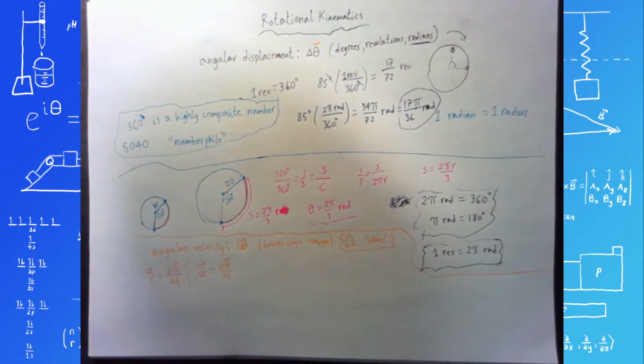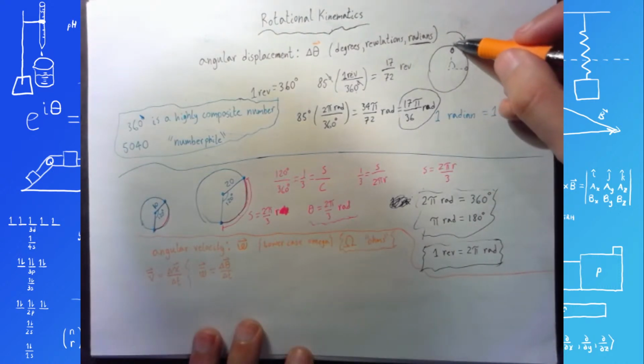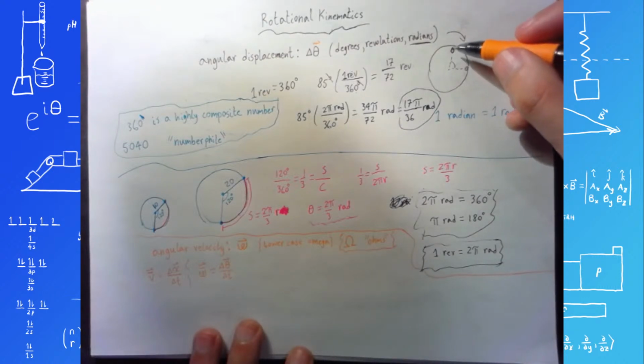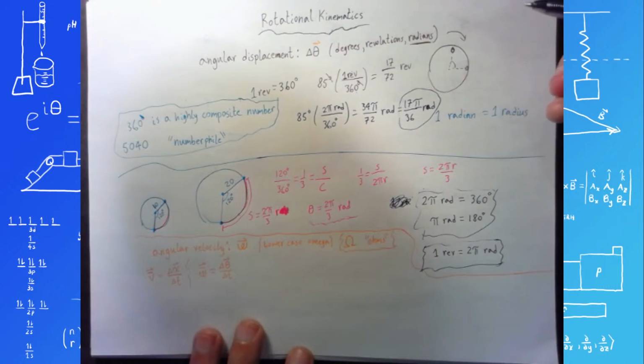And this is pretty easy to understand. If this thing rotates by 85 degrees, it's rotating by 85 degrees faster if it does it in 2 seconds as opposed to if it does the same thing in 20 seconds. That should make sense. I don't think I need to elaborate on that any further.